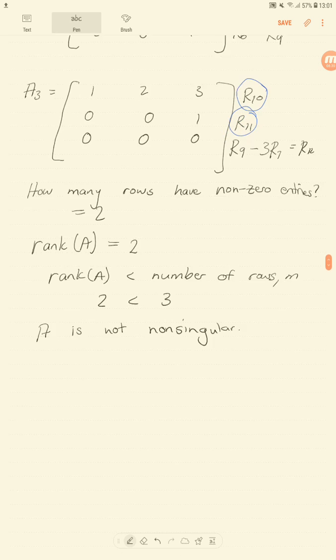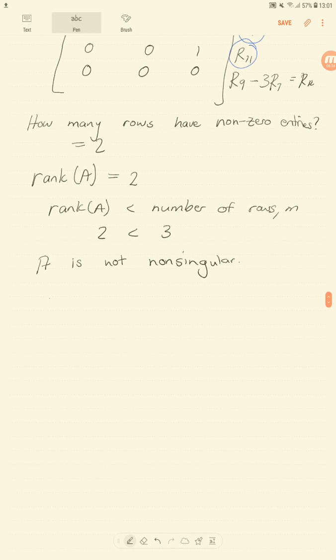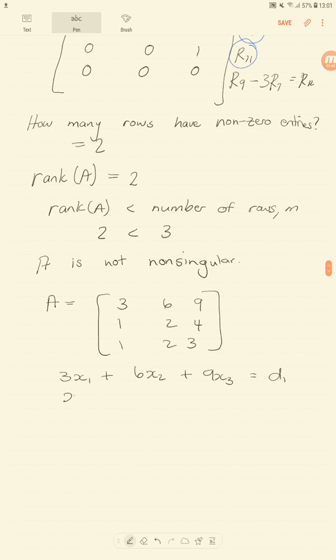What does this mean? If we go back, we had our matrix A. If we take matrix A and write it into a system of equations, 3 times x1 plus 6 times x2 plus 9 times x3 is equal to d1, x1 plus 2x2 plus 4x3 equal to d2, and x1 plus 2x2 plus 3x3 equal to d3, there will be no solution.